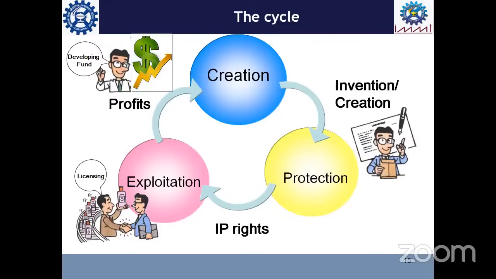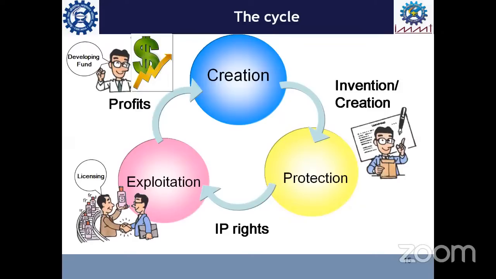While exploiting your creation, having IP rights, you get a decent edge to make profits. So therefore, creation, protection, and exploitation, these three are the very, very essential steps of practice to be adopted and implemented in this era, the era which is referred to as the innovative era.